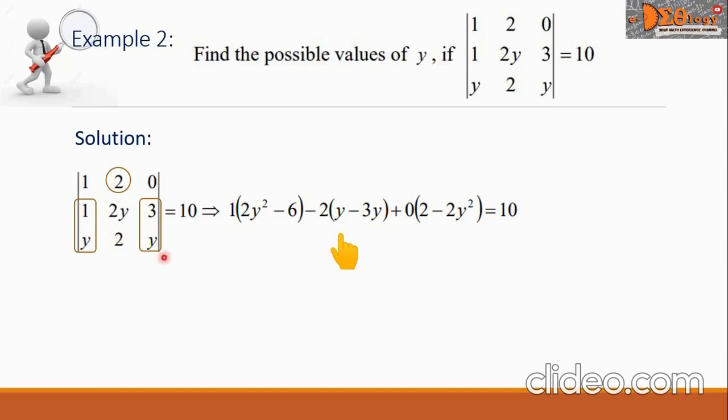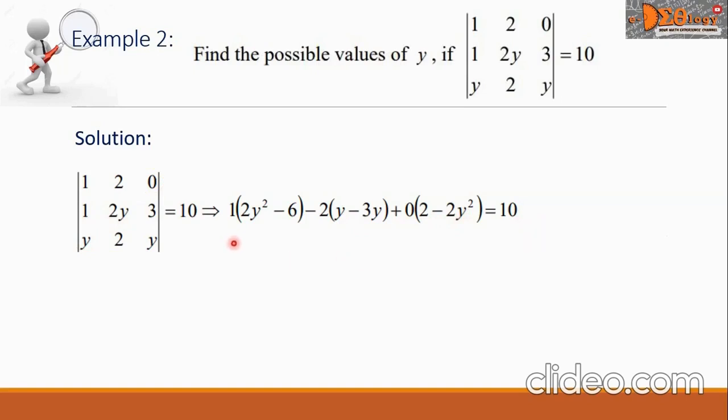So 1 times y is y minus y times 3 is 3y plus the third group. We copy the 0 element, then the determinant of this 2 by 2 matrix. 1 times 2 is 2 minus y times 2y is 2y squared. Then this is equal to 10.